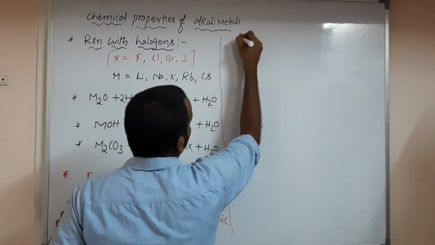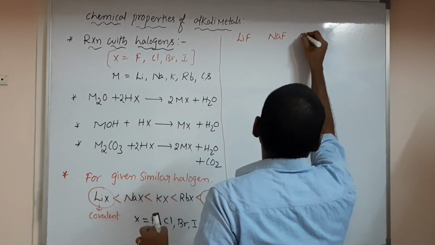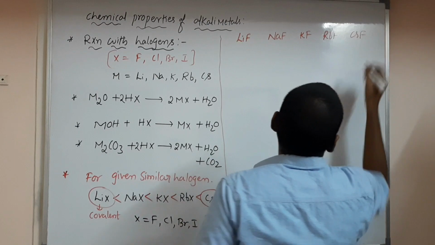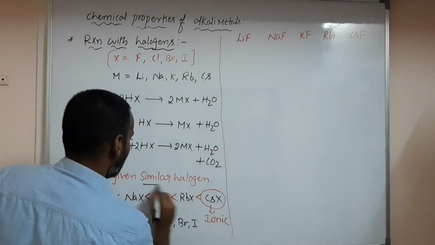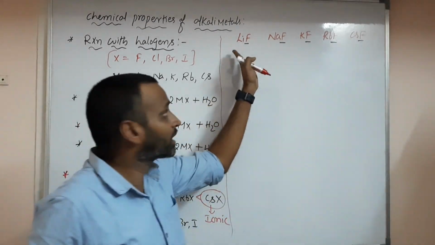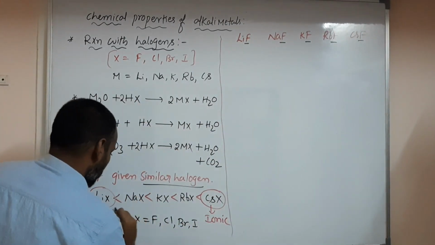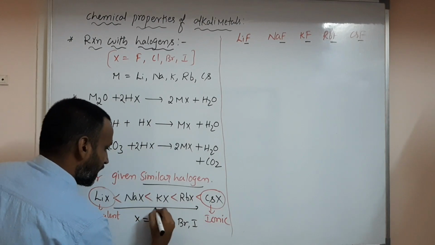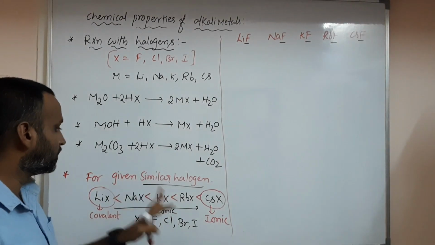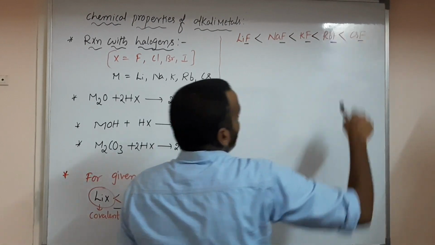Suppose I write like this: LiF, NaF, KF, RbF, cesium fluoride. For similar halogen, instead of fluorine you can consider chlorine, whatever. As we go from lithium halide to cesium halide, ionic nature increases. So this is the order of ionic nature.